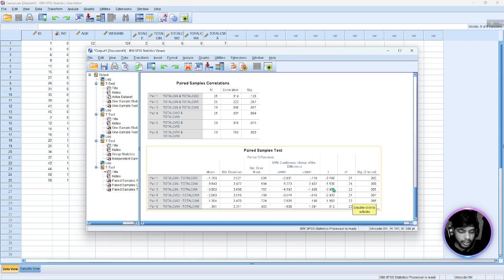And it says that when the t value increases, the difference will be more. And this is the significance level, 0.002, and from the first, third line, it is less than 0.05, that means these accept the null hypothesis, and these reject the null hypothesis.